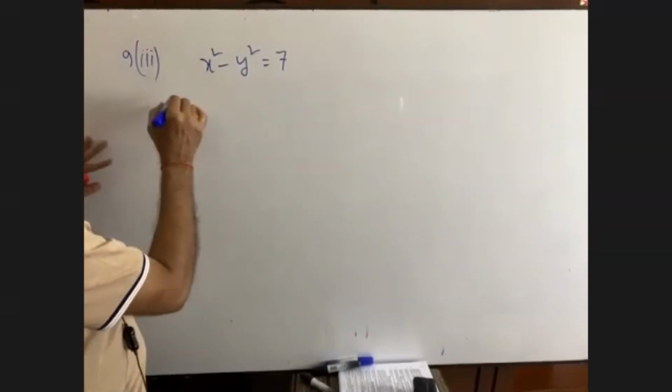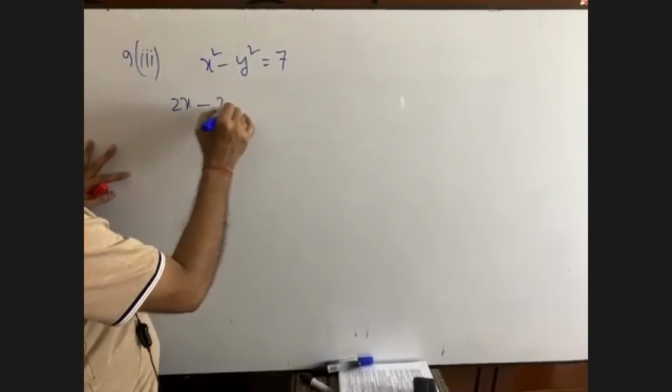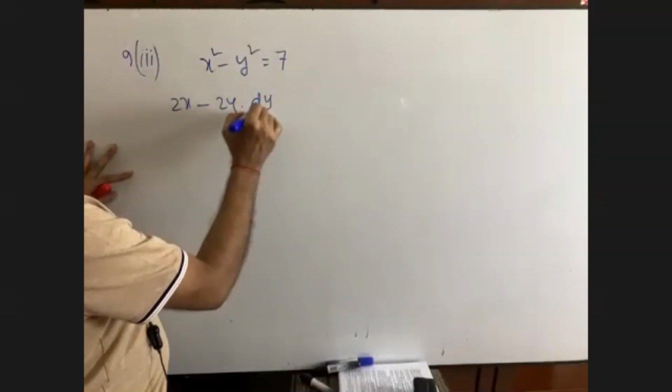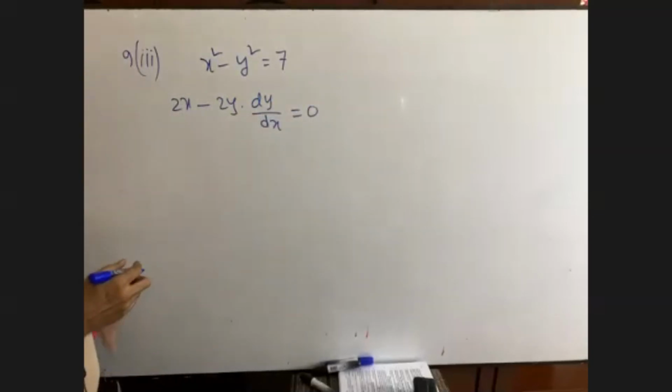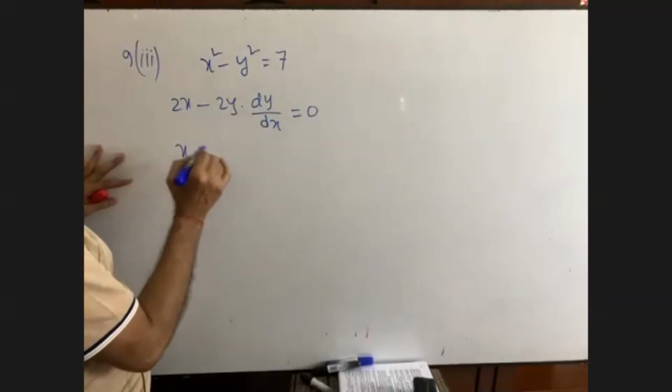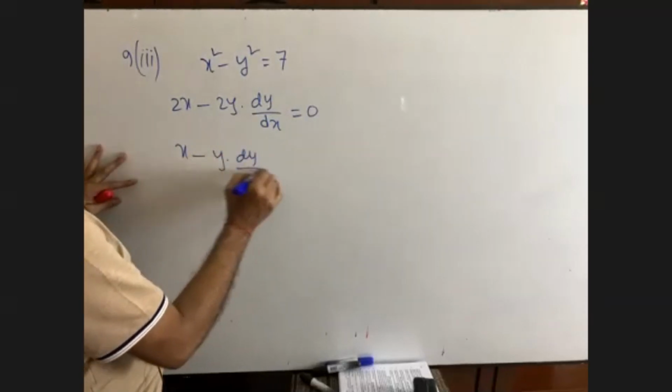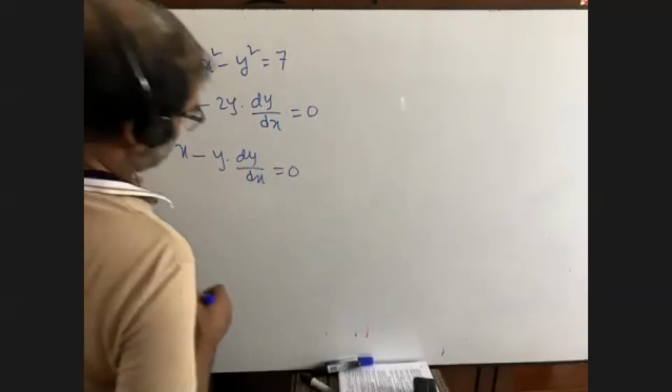Can you find it? 2x minus 2y dy by dx equals 0, right? So we are getting x minus y dy by dx equals 0.